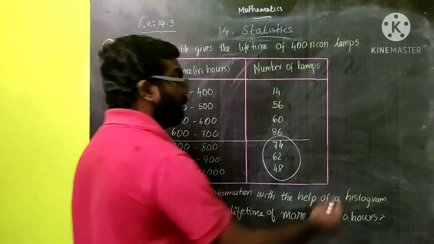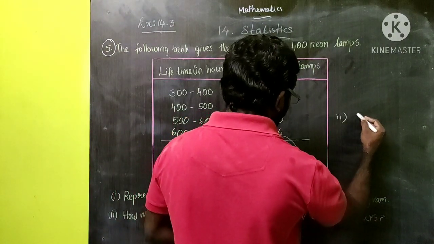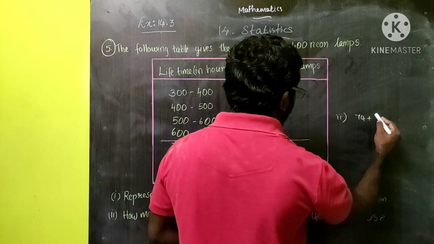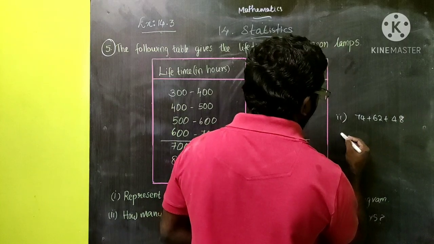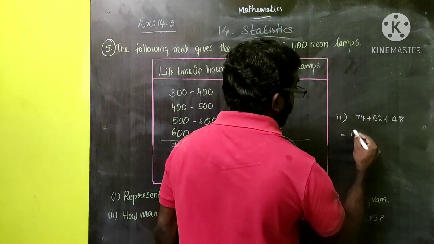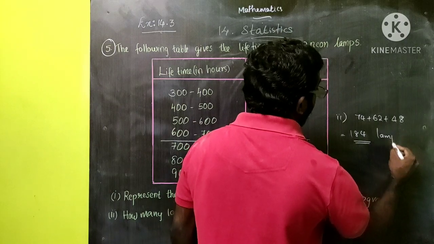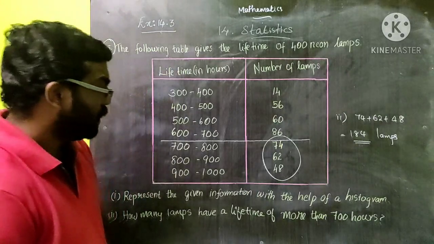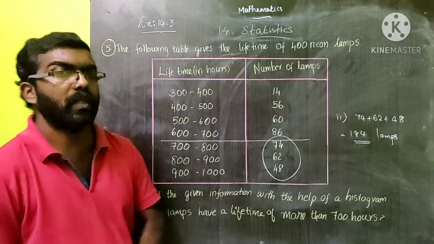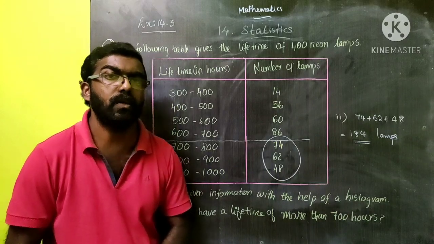So for the second part, 74 plus 62 plus 48 will be equal to 184. That means there are 184 neon lamps having a lifetime of more than 700 hours. Now we can draw the histogram.